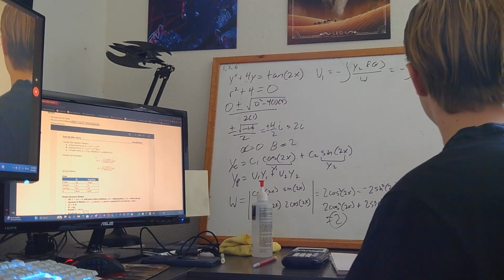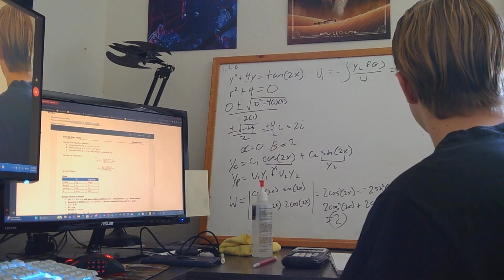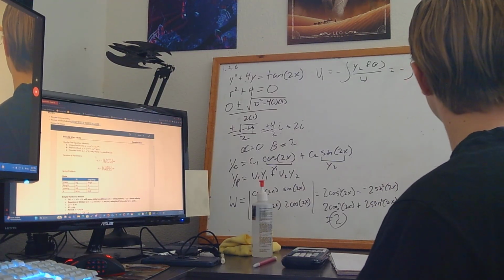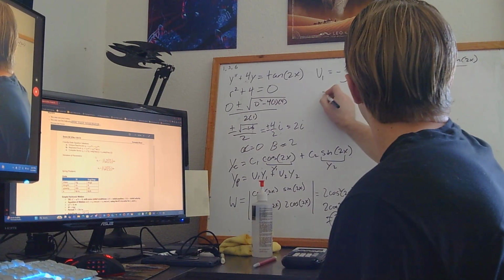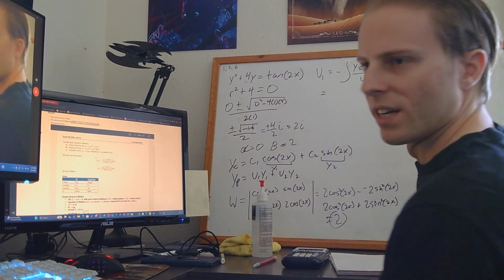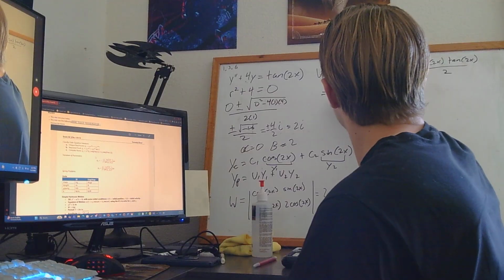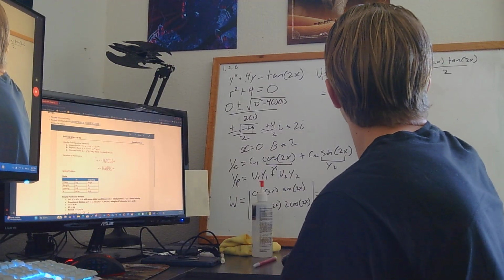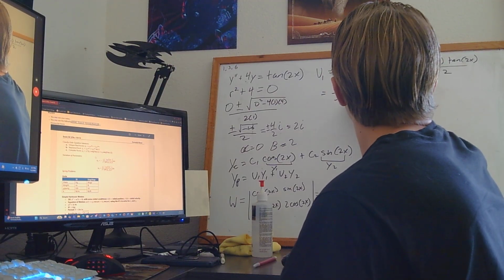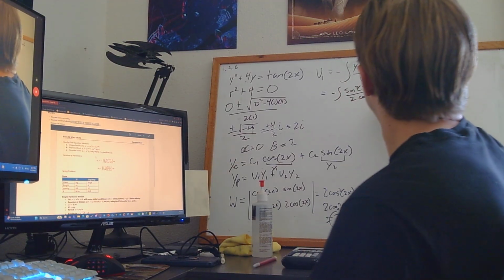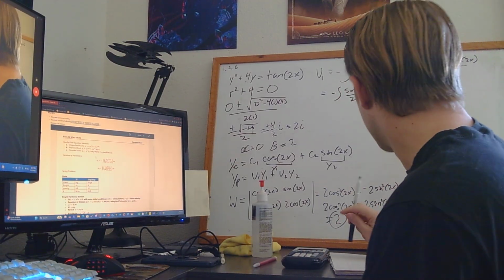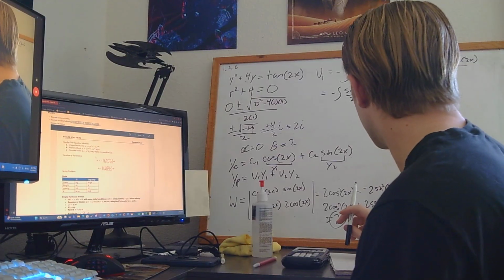Alright, and how do I integrate that? Okay, well, tangent of x is sine over cosine, so it'd be sine squared 2x over 2 cosine 2x. Does that help? No, not really.